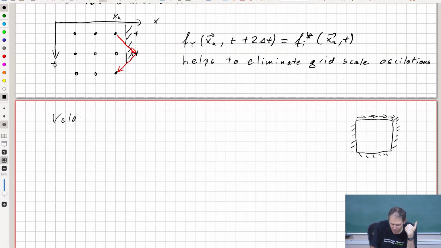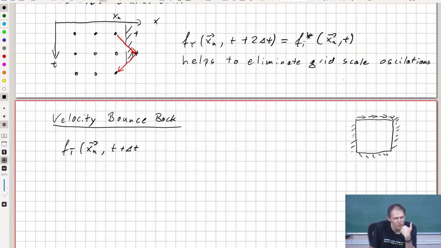So we have velocity bounce back. This is very simple, a bounce back boundary condition, f_i(x_n, t plus either delta t or 2 delta t), so you can decide what you like, delayed or non-delayed, is equal to f_i star (x_n, t). So this is the bounce back.